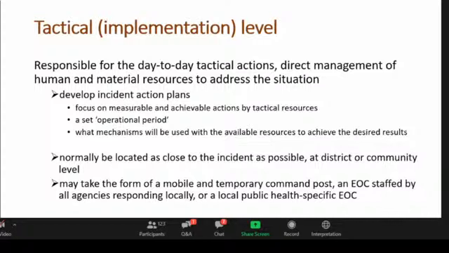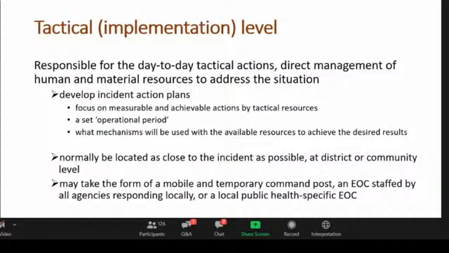At the tactical level, the role is to direct the management of human and material resources to achieve the objectives, and it is responsible for day-to-day tactical actions. The major task at this level is to act based on the incident action plans.